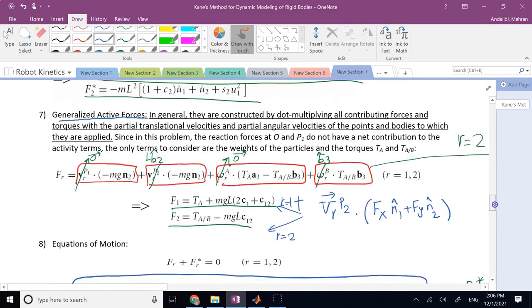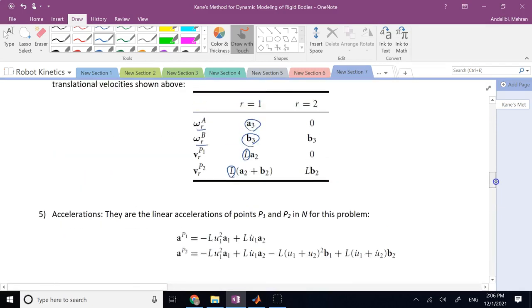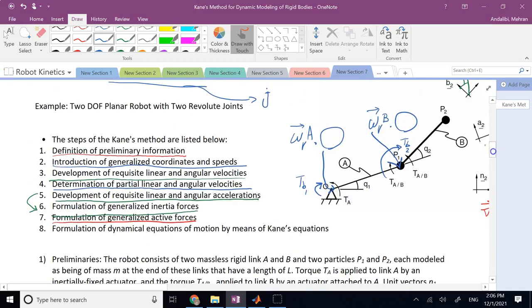If you remember here that we included negative TAB for the first member. Why? Because we said the motor is attached to member 1. So if you apply a TAB by motor to member B, reaction of that is applied back to what? To member A. The same thing happens about this viscous friction.